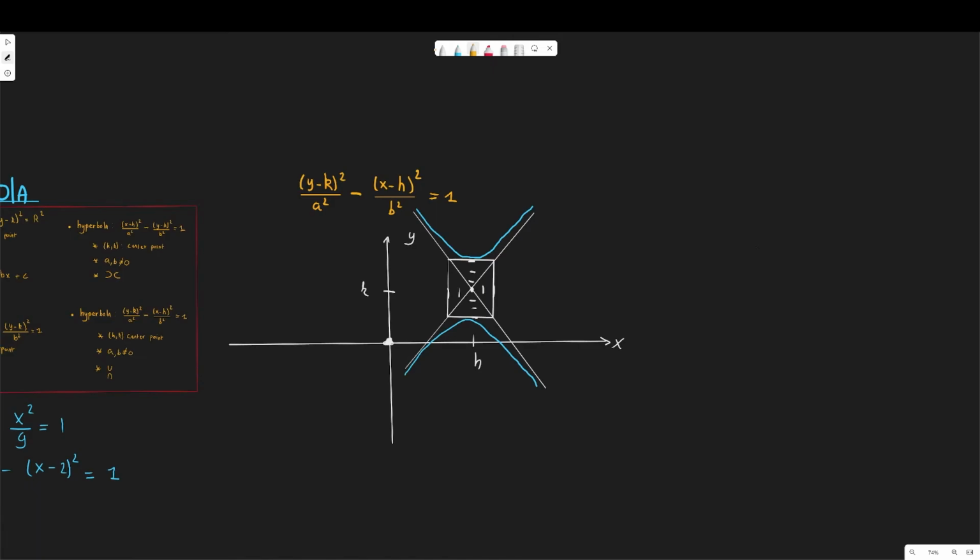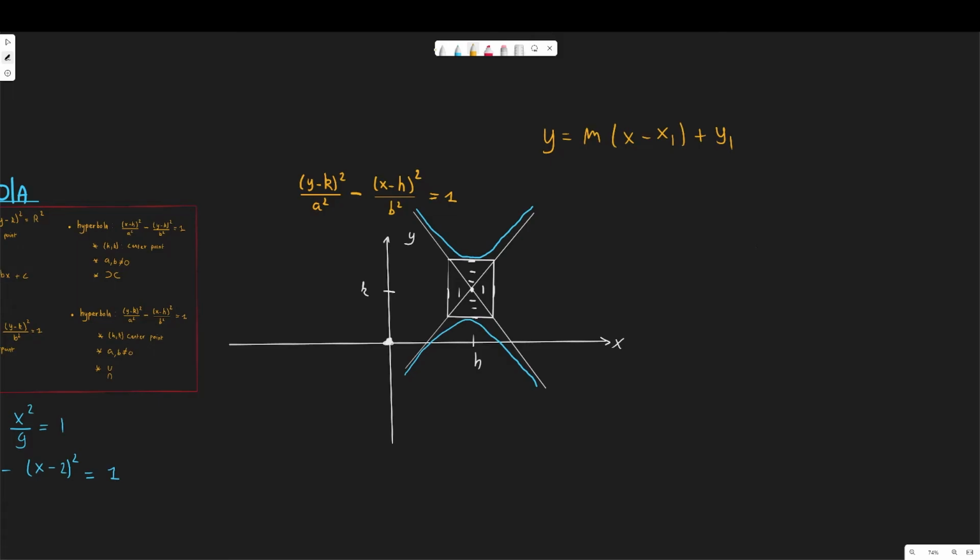So now let's find the actual equations of our asymptote lines. Just as before, our point slope equation is y is equal to our slope times x minus a random x coordinate plus the y coordinate that satisfies our equation.